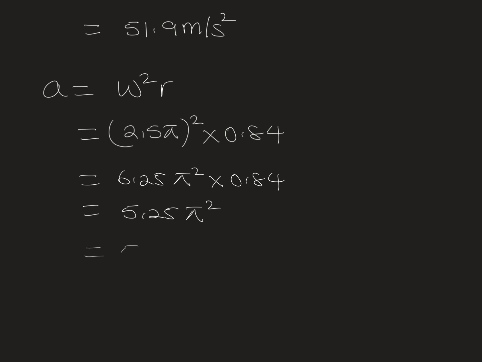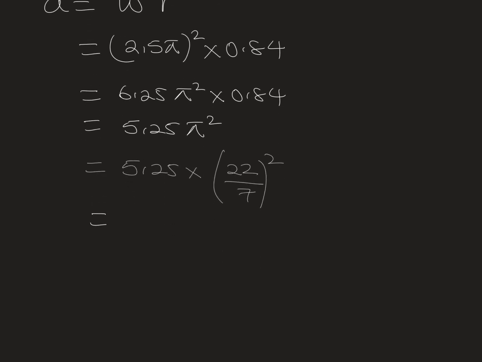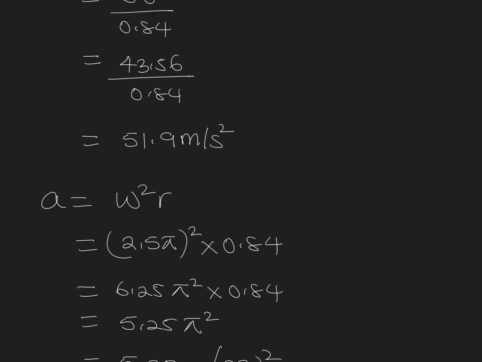So we'll have 5.25 times pi, given as 22 over 7, squared. Now we will have 5.25 times 22 squared, which is 484, divided by 7 squared, which is 49. If you do that calculation, 5.25 times 484 divided by 49, you will have 51.9 meters per second squared as the acceleration.